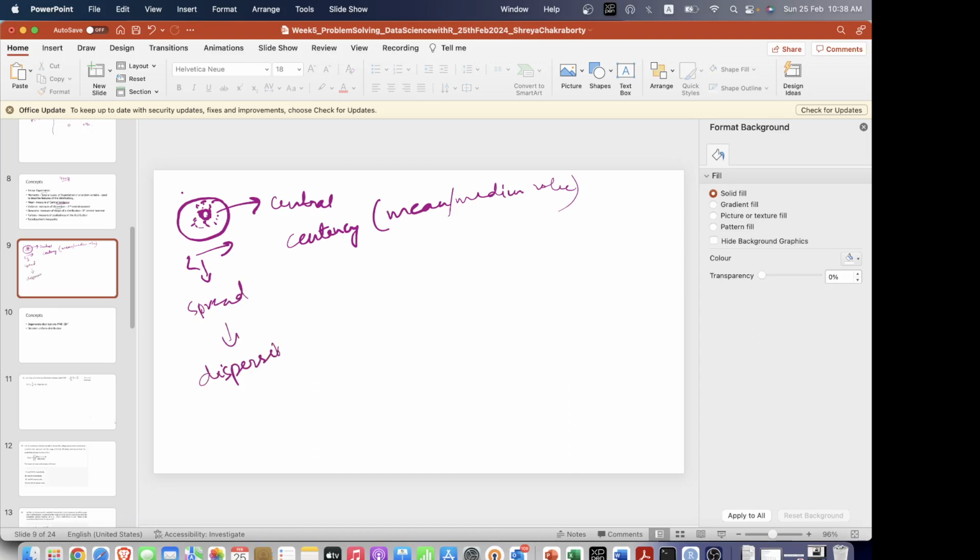So for example, if we have a curve like this which is spread from -3 to +3, let's say.